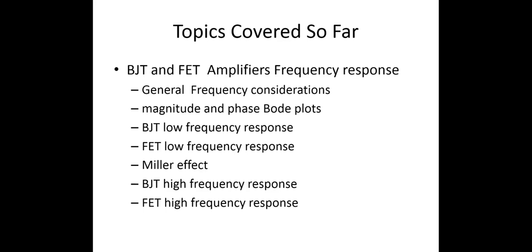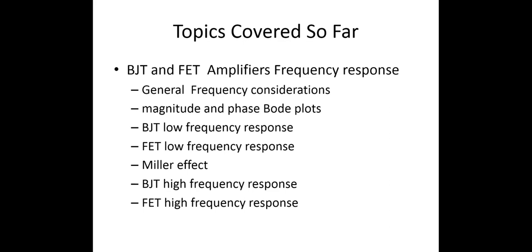First we discussed general frequency considerations, which included topics like the concept of decibels, the basic properties of complex numbers which are useful in frequency analysis, and then we moved on to magnitude and phase Bode plots, particularly for first order systems. Then we proceeded to low frequency response of BJT amplifiers, and afterwards to low frequency response of FET amplifiers.